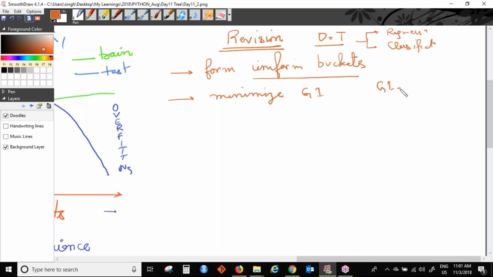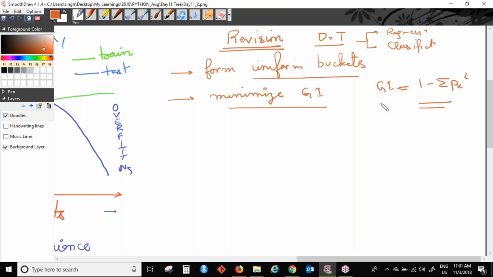Gini index is 1 minus summation of pk whole square. That is the goal of a decision tree algorithm, that it has to minimize the value of Gini index. We saw with several examples how the Gini index reduces as we go on splitting.